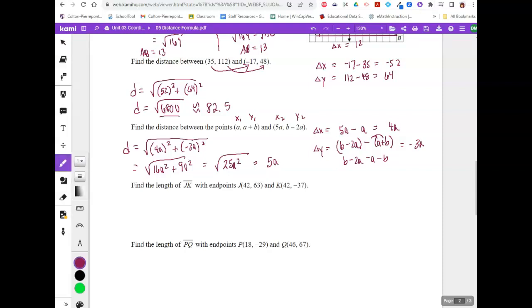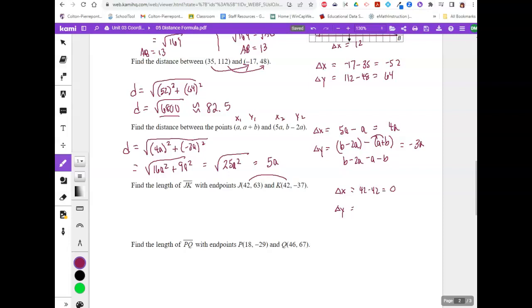Find the length of JK with endpoints J(42, 63) and K(-37, 63)... let's think about delta x and delta y. What's the change in x? We're going from 42 to 42. It's going to be 0, because 42 minus 42 is 0.